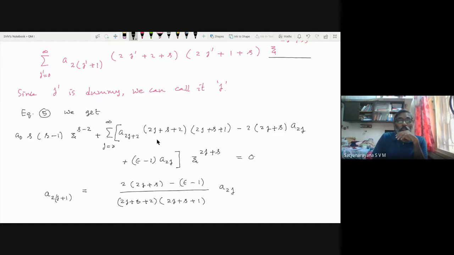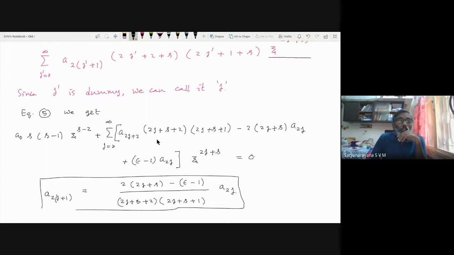Okay, so this is what we call a recursion relation.